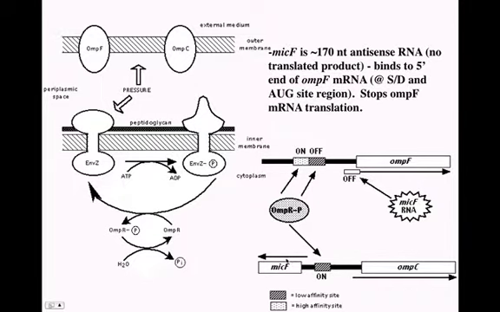So this MYC-F RNA is anti-complementary to a sequence of RNA on the messenger RNA for OMP-F, and so it will bind to it. What that does is that prevents the pre-existing OMP-F messenger RNA from being translated.